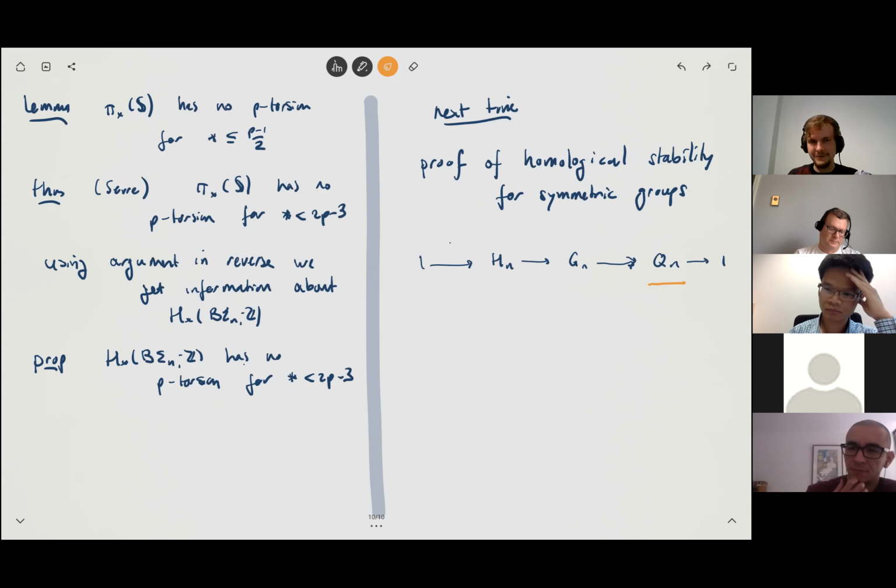Of course, the question is going to be whether the homology of H_n is going to live in a class of coefficient systems where you have homological stability.